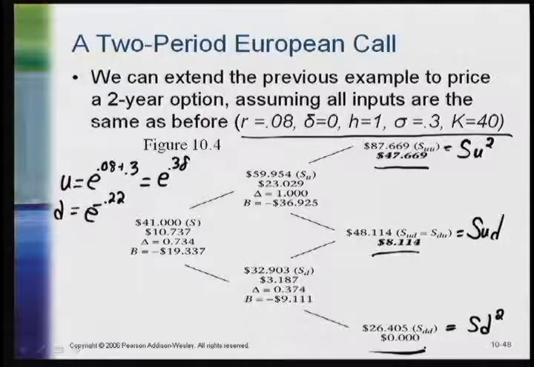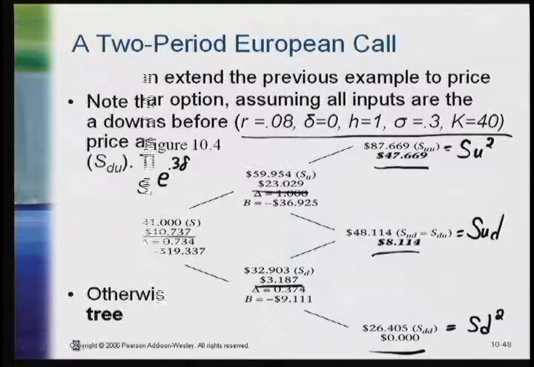We'll now see how to go from these expiry values to the values we see earlier in the lattice. Namely, we have a value of 23.029 and 3 here. And then finally we get a value of $10.74 at time 0. Let's see how we, in fact, get those prices.